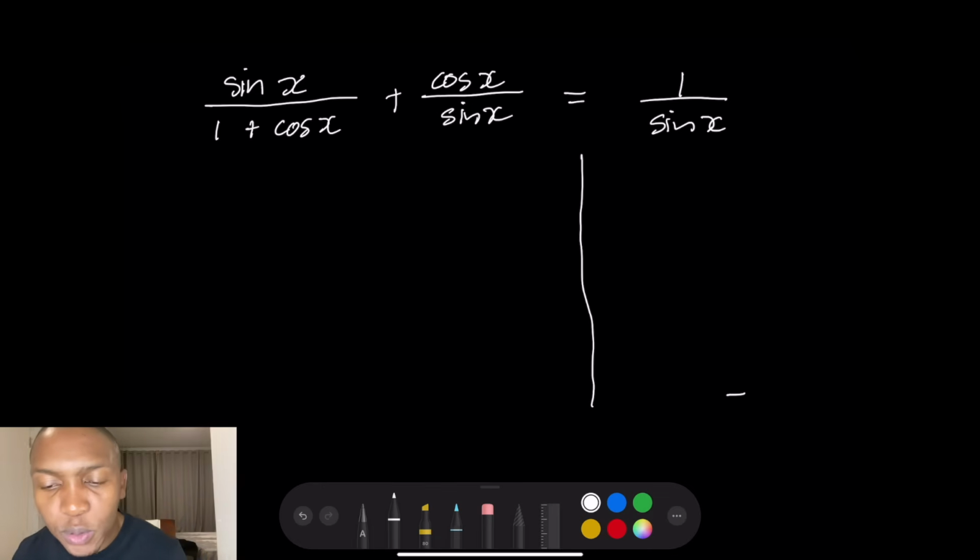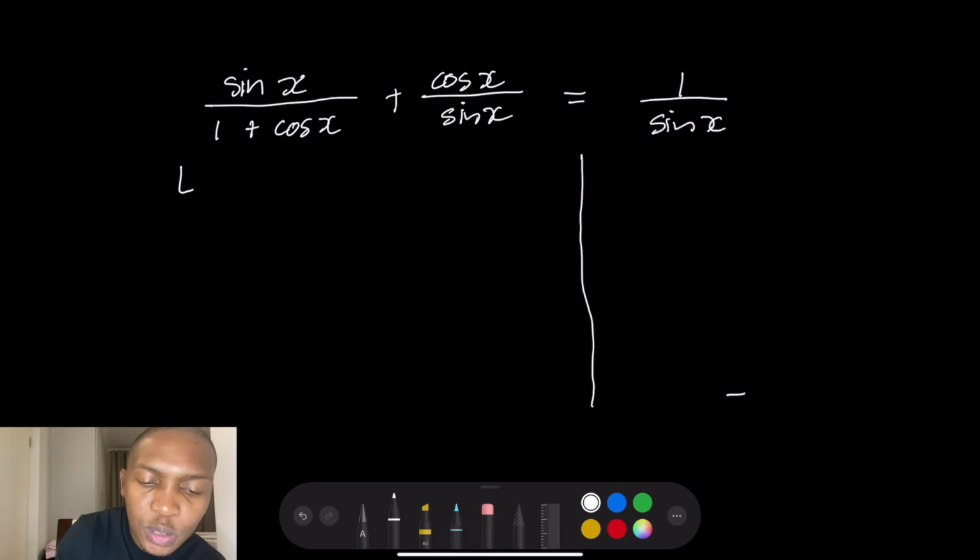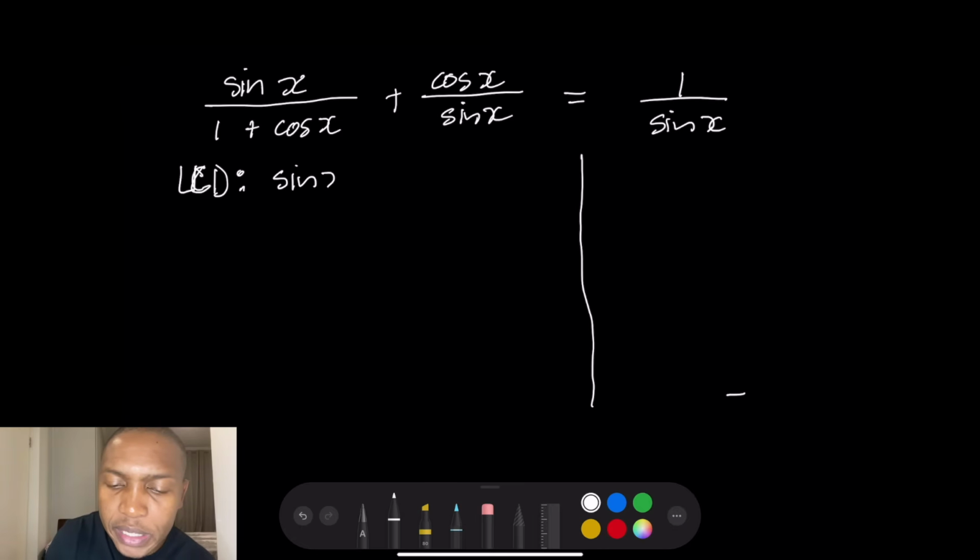Okay, so if I look at that again, I've got a fraction and there's nothing that I can change into sine and cos there. All right, so the first thing we need to do is just resolve those fractions there. Now, what would be our lowest common denominator? In this case, it's going to be sine of x multiplied by 1 plus cos of x.